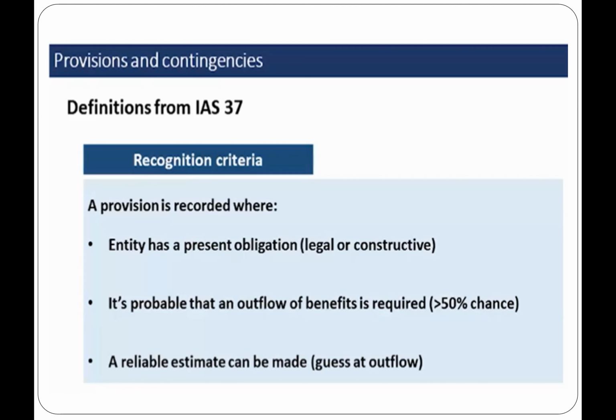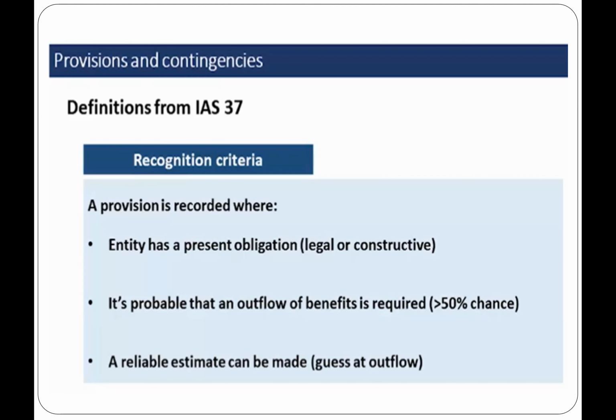When we are saying probable, we are saying there should be a more than 50% chance that you are actually going to be expected to pay. If there is a less than 50% chance, then we cannot create a provision. So it must be probable that an outflow of benefits is required, or there must be a more than 50% chance that you would actually be asked to pay.